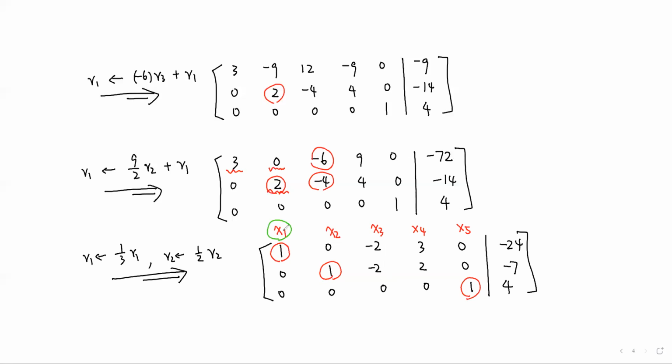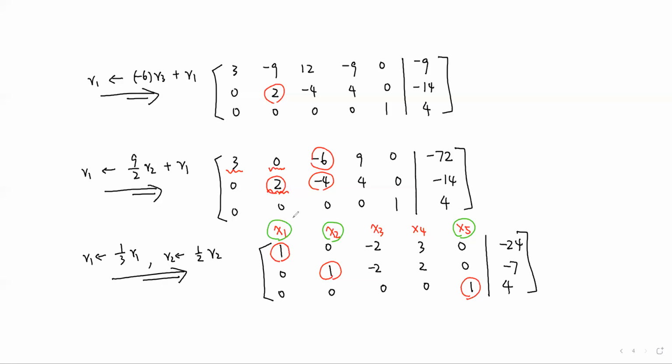x1 corresponds to a pivot column. First column is a pivot column. x2 corresponds to a pivot column. Column 2, pivot column. x5 corresponds to a pivot column. The 5th column is a pivot column.